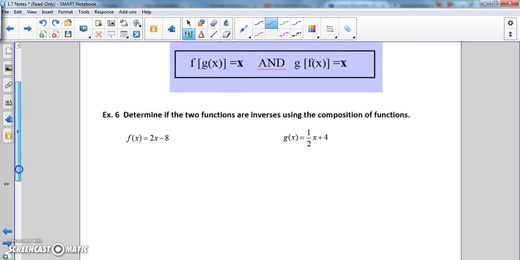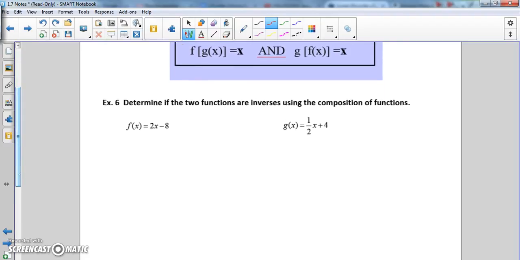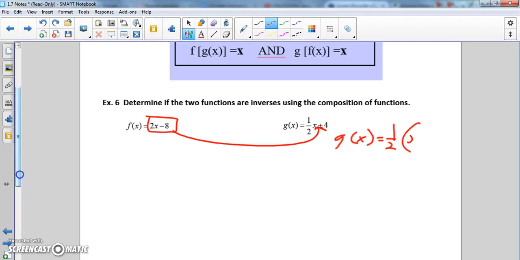So if you remember what we did the other day, basically we're going to plug 2x minus 8 in for x right here. So we're going to say g of x equals 1/2 (2x minus 8) plus 4.